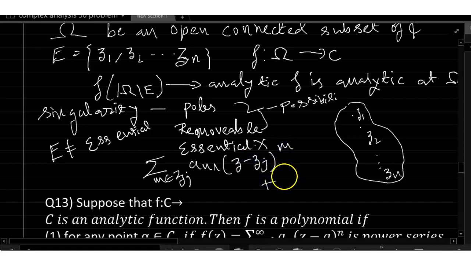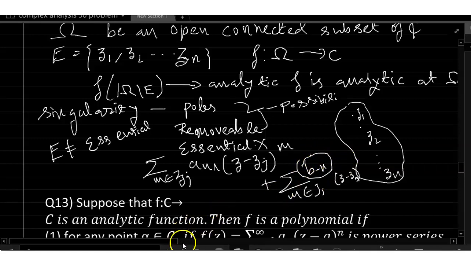Similarly, we get another term, b_n, in the Laurent series, with z minus zj whole to the power m. This term means the negative portion.